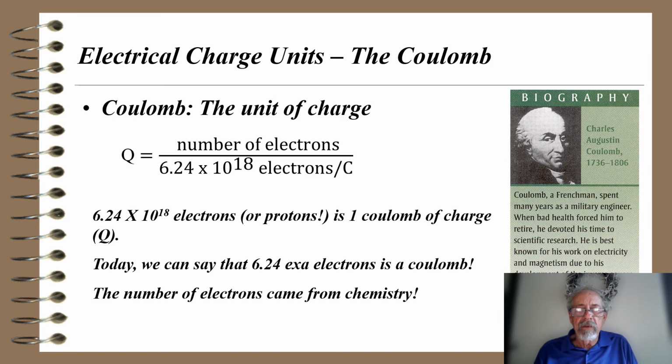The charge is given by the number of electrons divided by 6.24 times 10 to the 18th electrons per Coulomb. So if I have 6.24 times 10 to the 18th electrons, or protons it could be, it's 1 Coulomb of charge. And this number of electrons came from chemistry.